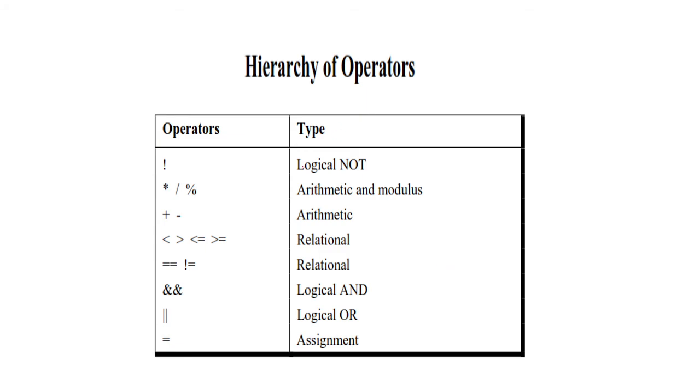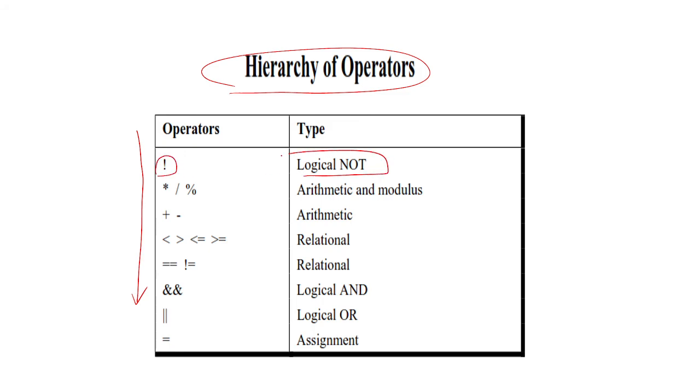As we have now studied the logical operators, we have modified the hierarchy of the operators. On the first priority, we now have the logical NOT operator. After that we have the arithmetic operators on the second priority: multiplication, division and modular division. On the third priority we have addition and subtraction. On the fourth priority we have less than, greater than, less than or equal, and greater than or equal.